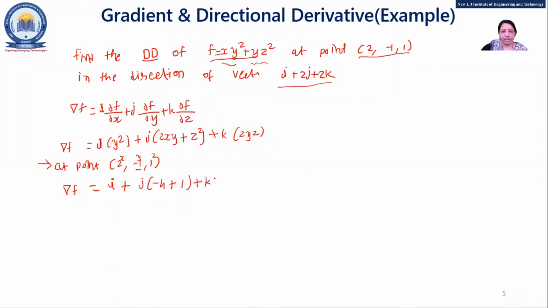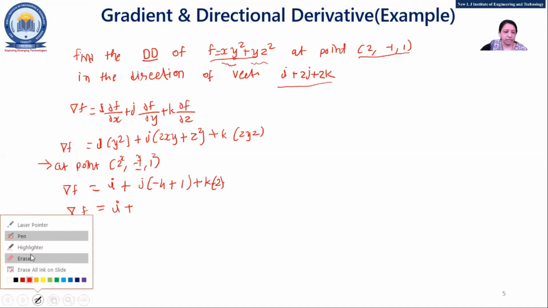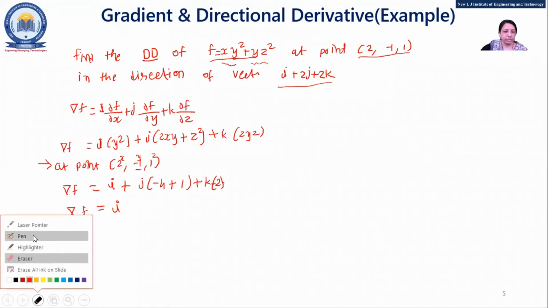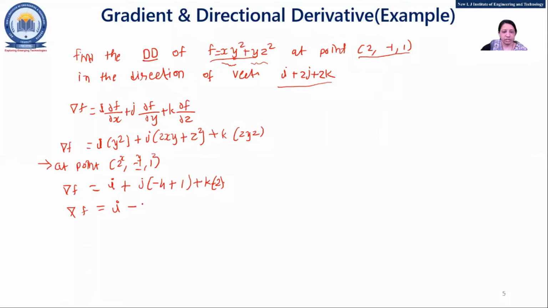Plus k times 2yz, so 2 into y z, with y equal to minus 1 and z equal to 1, it is minus 2. So our grad f will be i, minus 3j, and minus 2k. So this is our grad f.